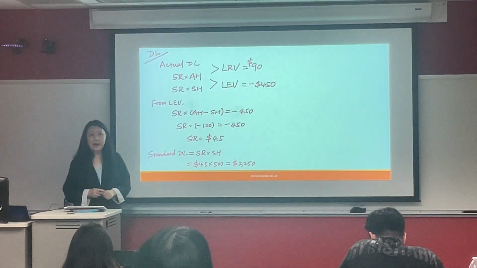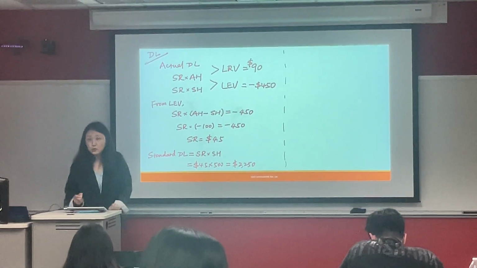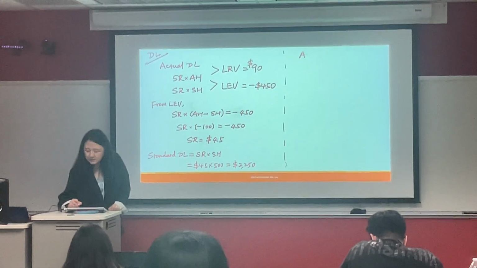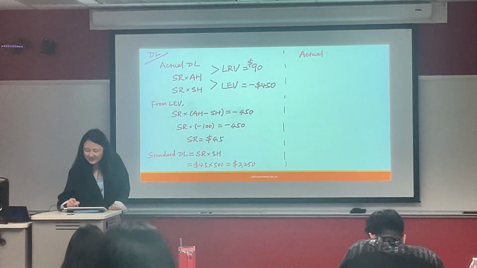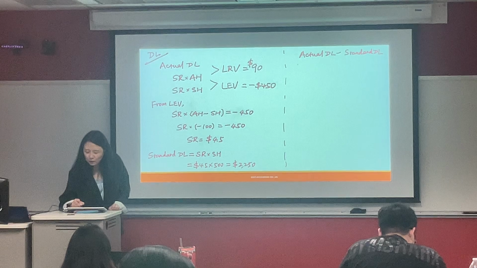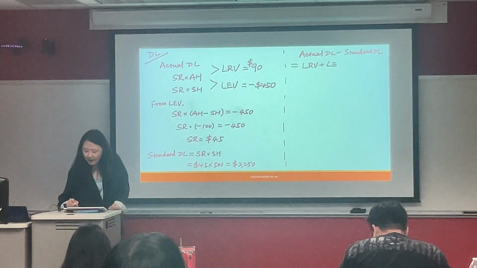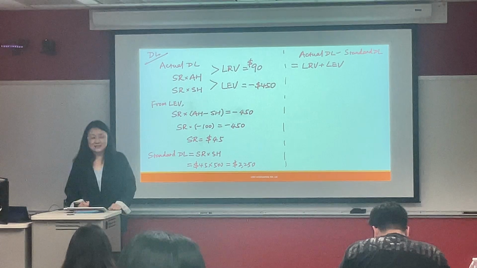So that's not so bad, right? But then our job is to figure out the actual cost. So the actual direct labor minus the standard direct labor, that's the total variance, which is the sum of LEV and LRV. So that's the definition, okay?